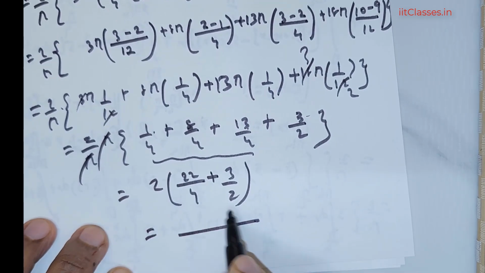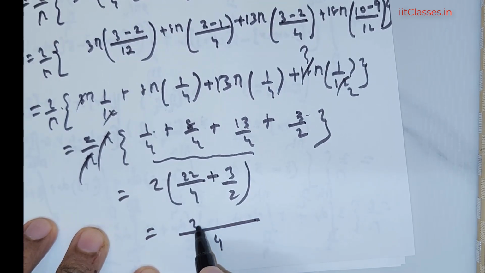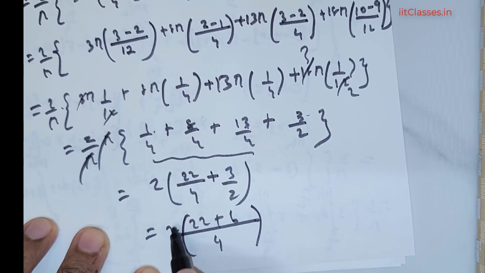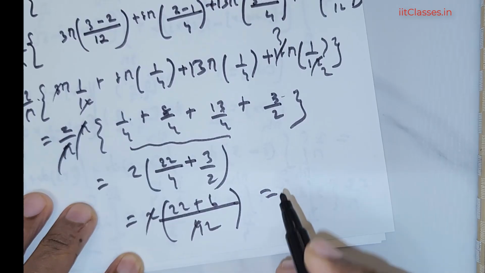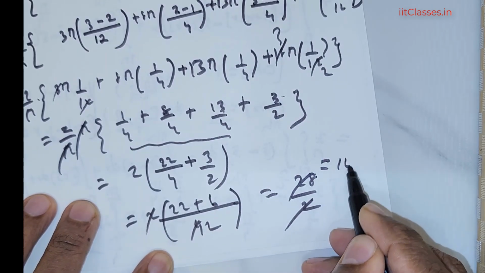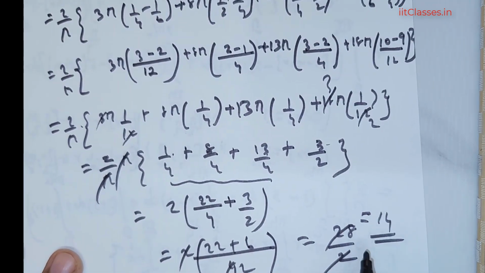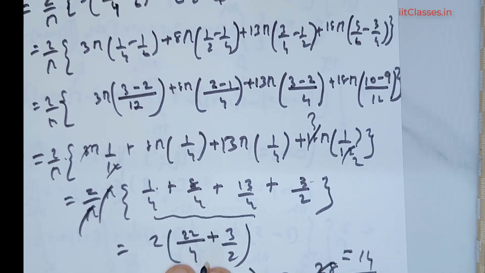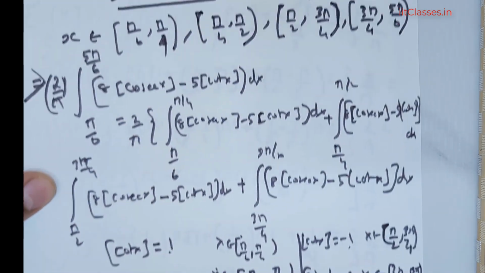And if I take the LCM as 4, this is 22 positive 6 times 2. 2 divides here 2 times. This is 28 over 2. This is equal to 14. Okay, so that is the solution for this question. 14 is the solution.